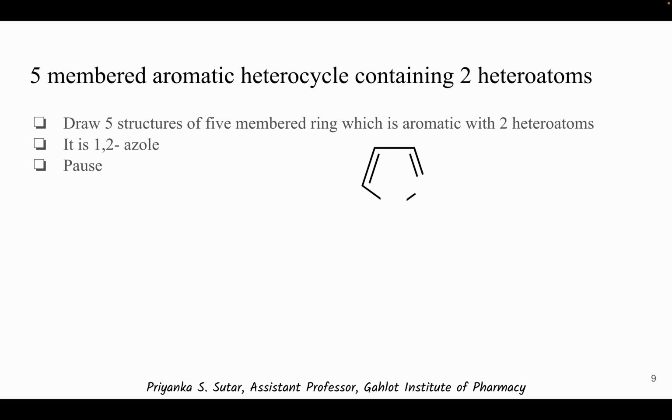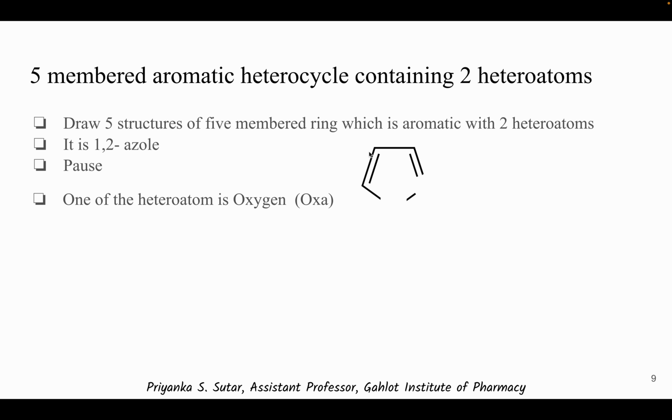So it must be looking like this, right? Because this is azole, one of the heteroatoms is nitrogen obviously, but this particular heterocycle has an oxygen at the first position.